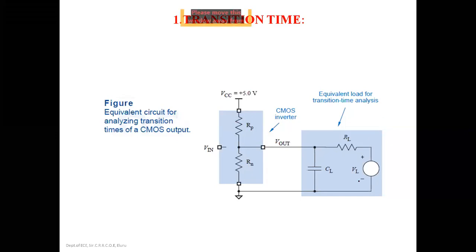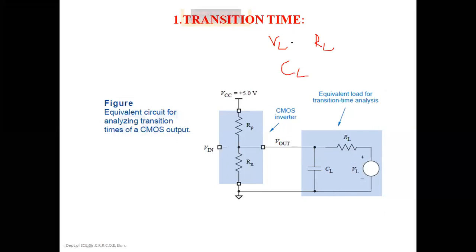The second part is the equivalent load for the transition time analysis. In this, we have three components: VL and RL are two components, and the third one is CL.